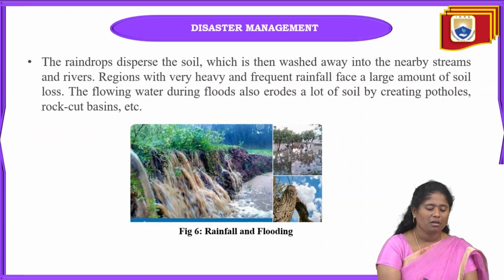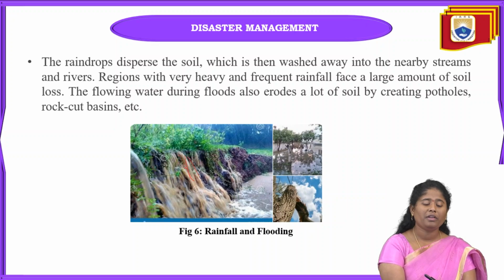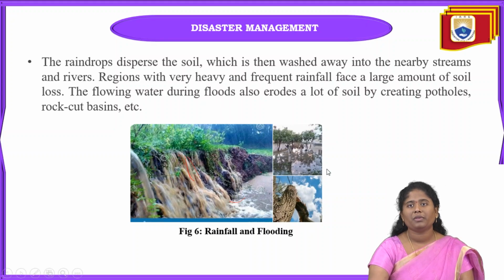And here you can see, because of this splash erosion, this dirty water, nothing but soil water. When this goes towards rivers or streams, it will sediment at some area. Because of this sediment, the flowing ability of those water bodies can be reduced. Why? Because it will clog the soil and vegetation sometimes.